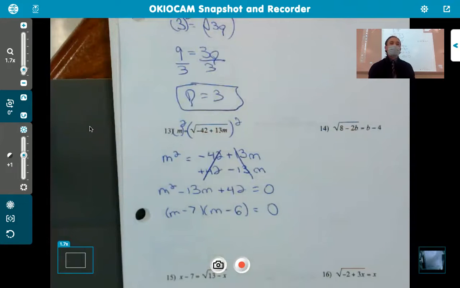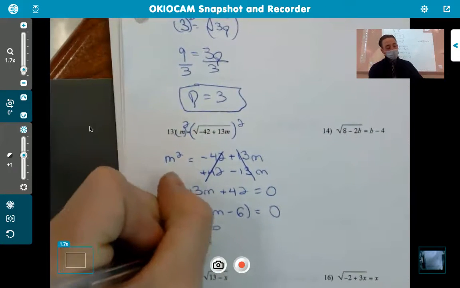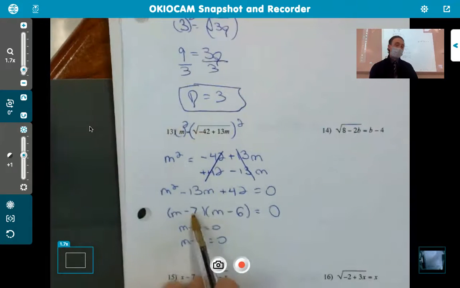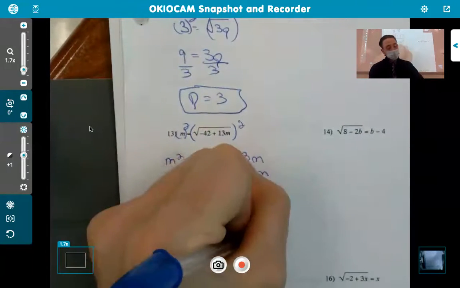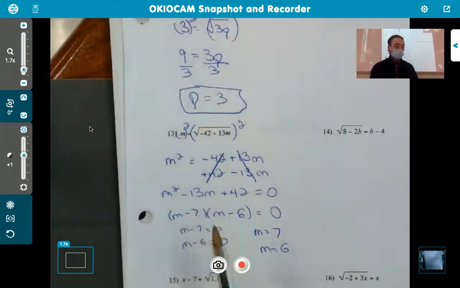So then what would my two solutions be? 7 and 6, right? As you progress through these problems, you can show this step where you set each equal to 0. For the most part, you should recognize that it's just going to change the sign of whatever that number is, right? So m equals 7 and m equals 6 are my two solutions. Now let's make sure that we check, all right?